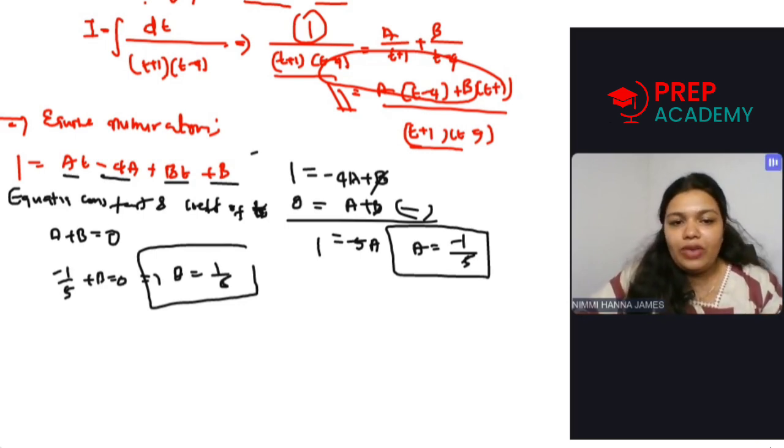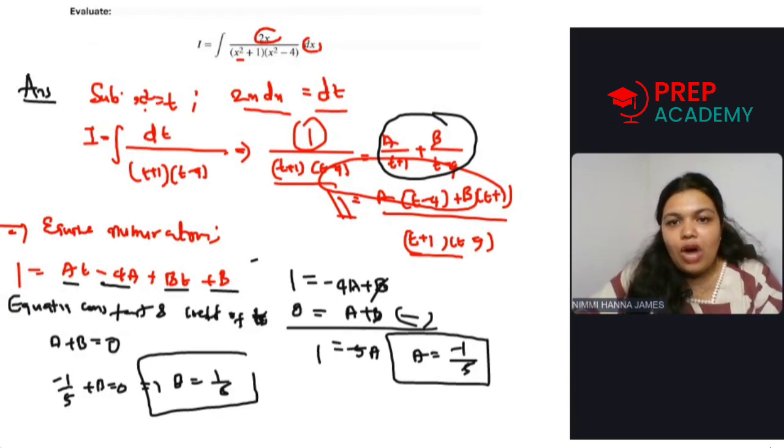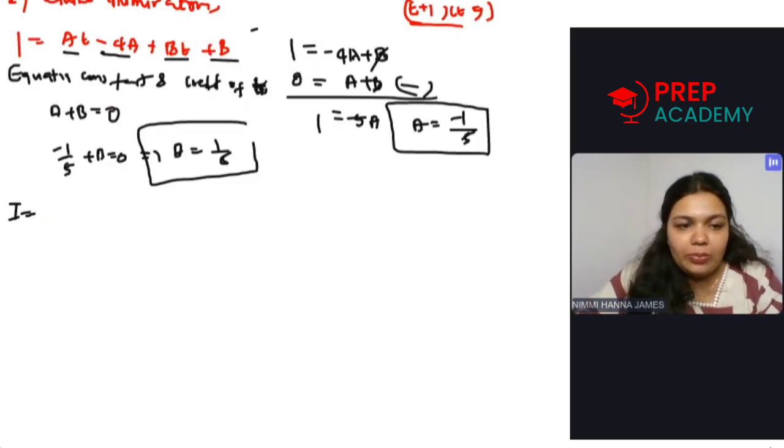So we got the values of a and b. Now we are going to substitute here. Our integrand will change to a by (t plus 1), where a was minus 1 by 5.